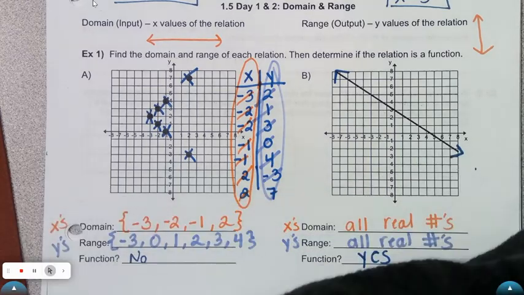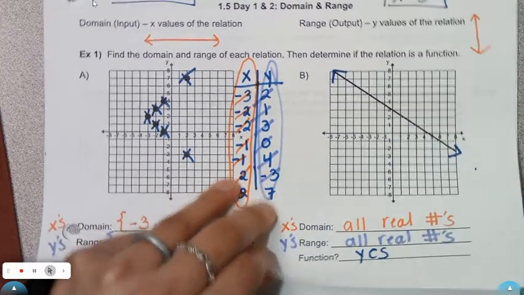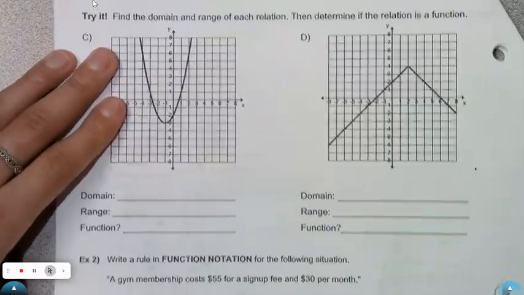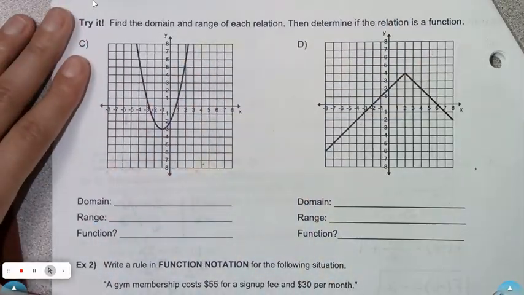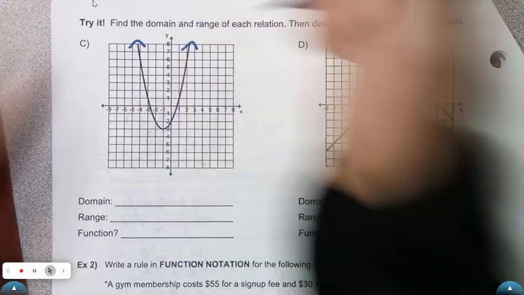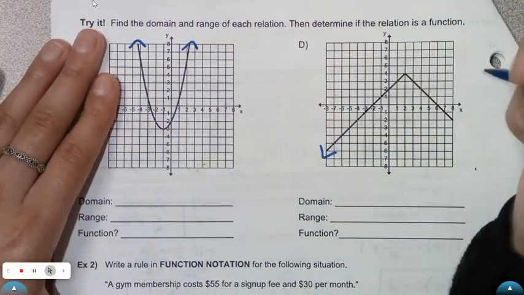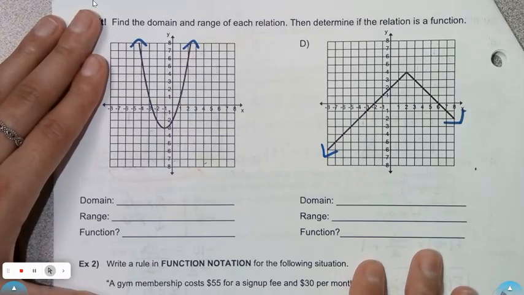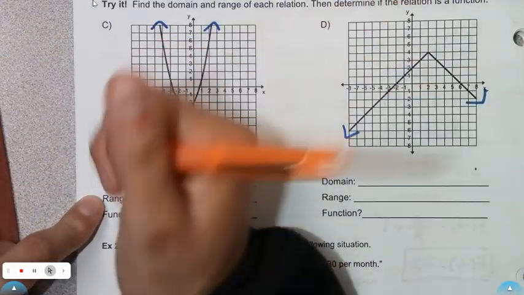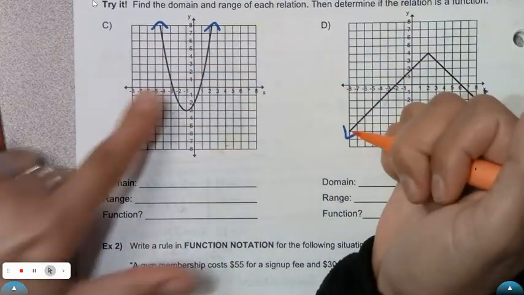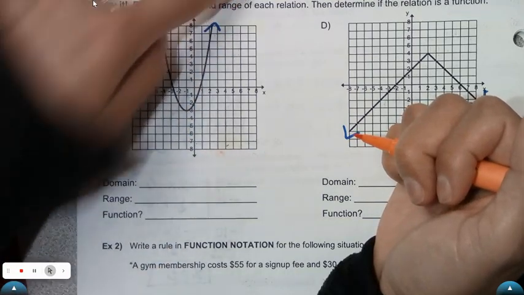All right, let's turn to the last page. You're missing arrows on both of these, so let's add your arrows. All right, your domain is your x's. This goes to the left forever. This goes to the right forever.